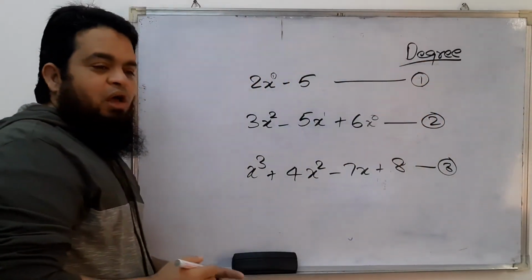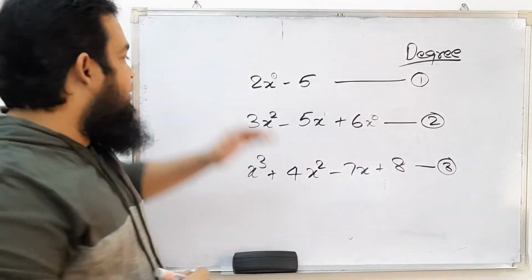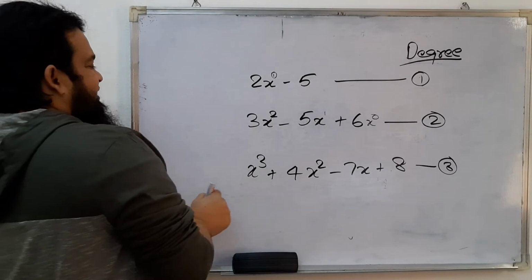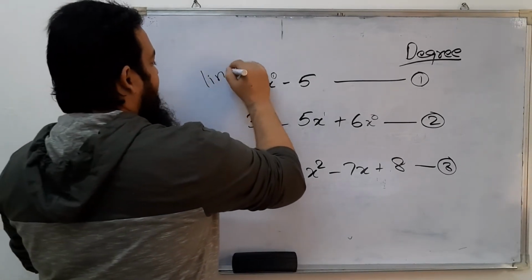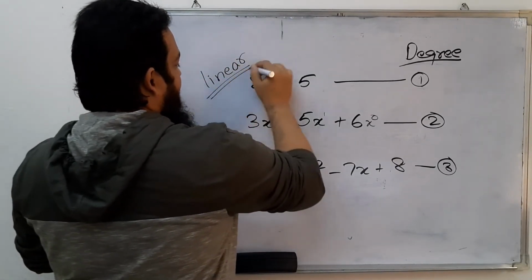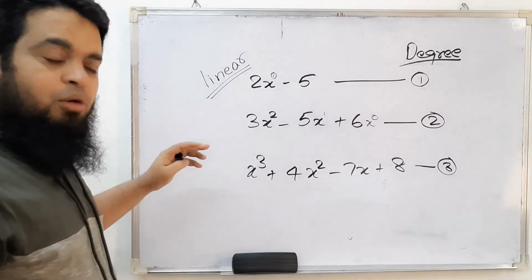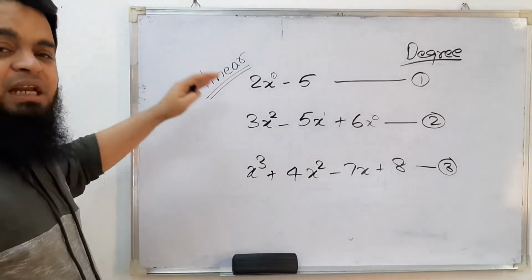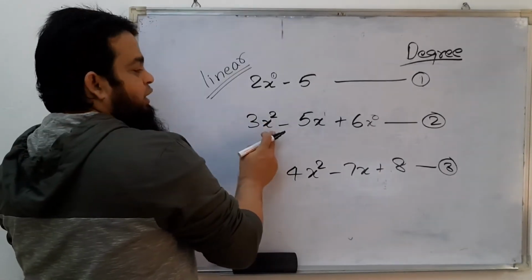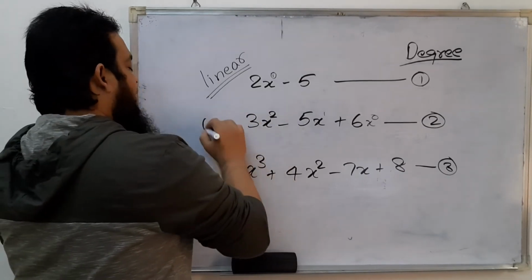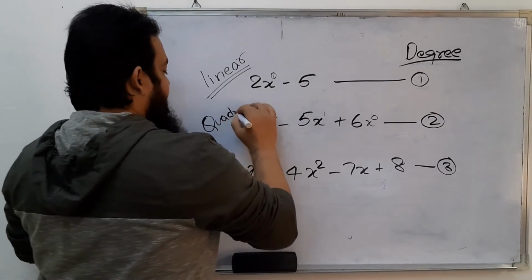Okay, so when we have degree 1, this is called a linear polynomial. Okay, linear polynomial. If it is an equation, we call it a linear equation. Here the degree is 2, we call it a quadratic polynomial.